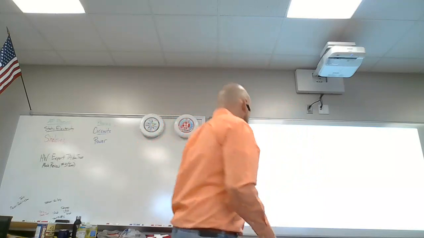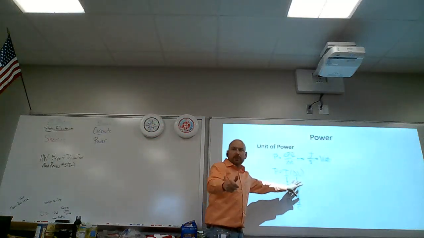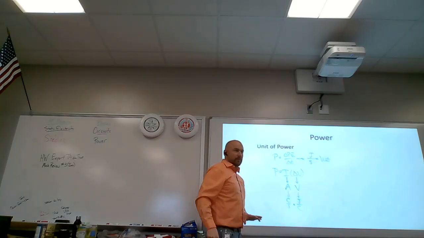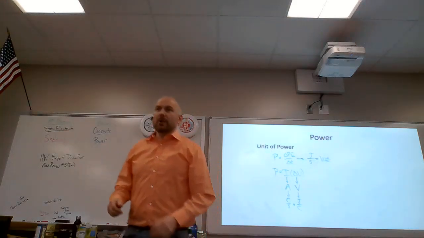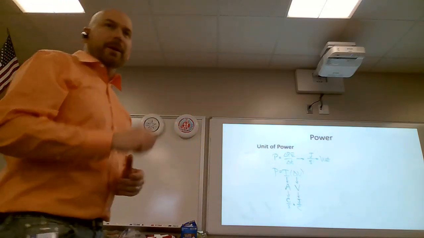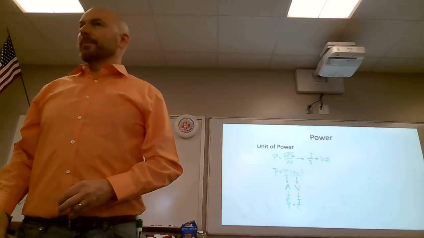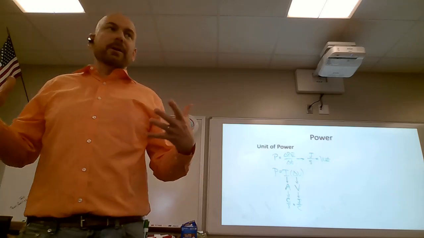Okay, that would be my electric potential difference, how much energy is being contributed by each electron. Okay, so if I give $80, and the next guy behind me gives $80, and the next guy gives $80, I can figure out how much energy.